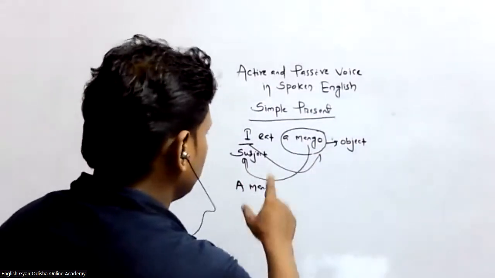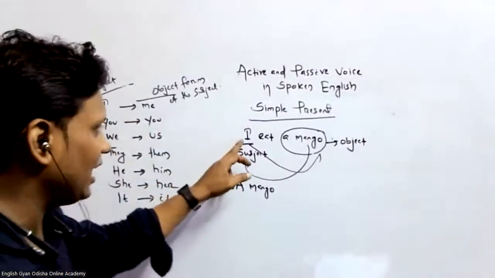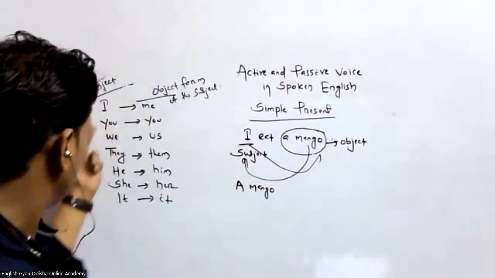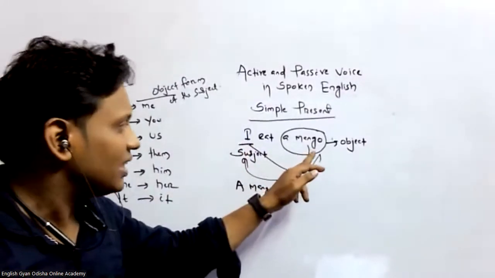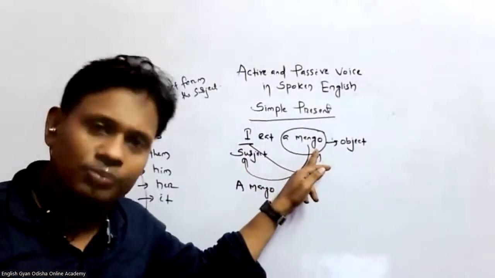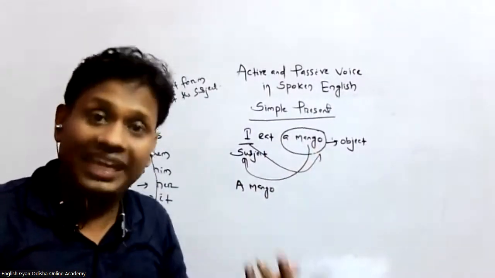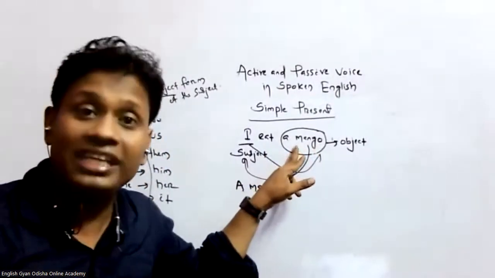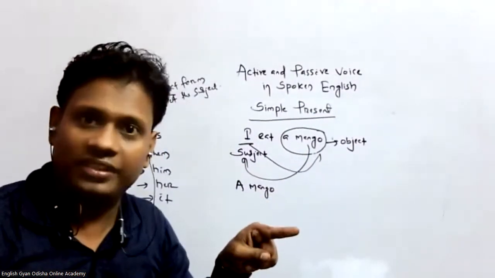The third rule is that the subject, whether I, we, they, he, whatever the subject is, cannot stay as the subject here. It will take its object form, because a mango is an object. So I cannot be placed directly in the object position.